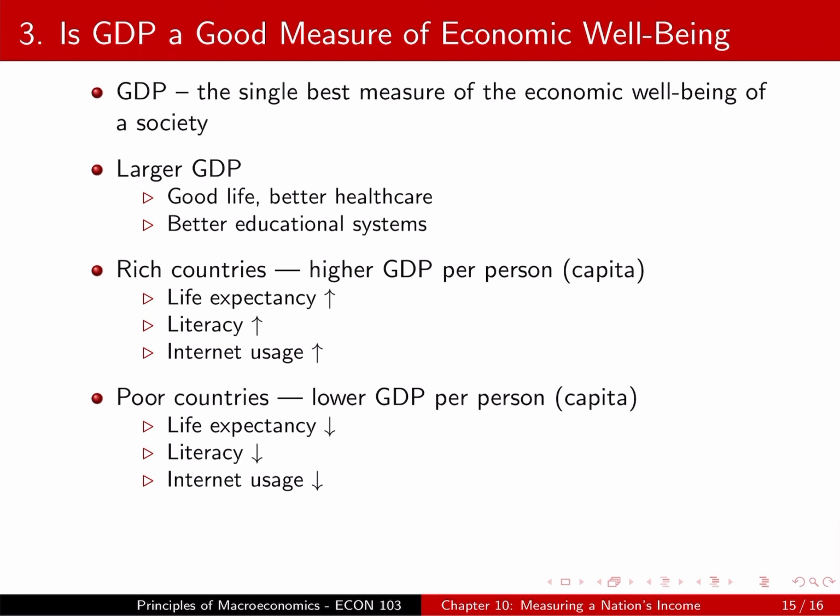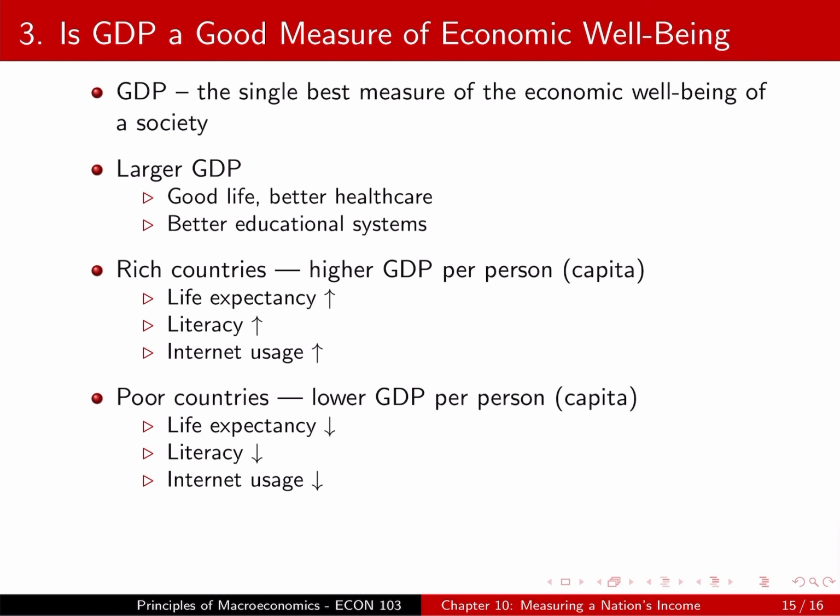For instance, countries such as the United States, Canada, the United Kingdom, Australia, and the members of the European Union, which have higher GDP per capita, generally display higher life expectancy, greater literacy rates, and more extensive internet access. Conversely, nations with lower GDP per capita often experience lower life expectancy, reduced literacy rates, and limited internet availability.